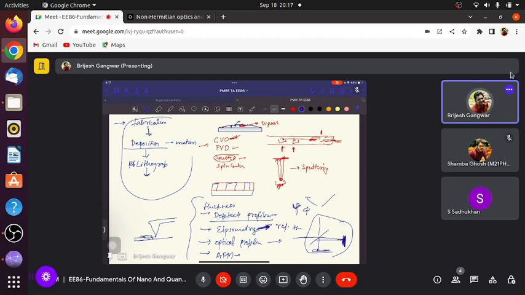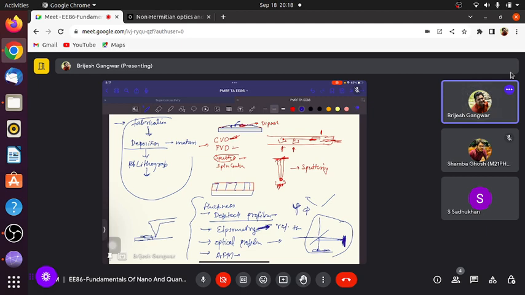From the dactyl profilometer you can measure the roughness of your surface as well as the thickness. You can say surface morphology. All these techniques are used for calculating surface morphology.